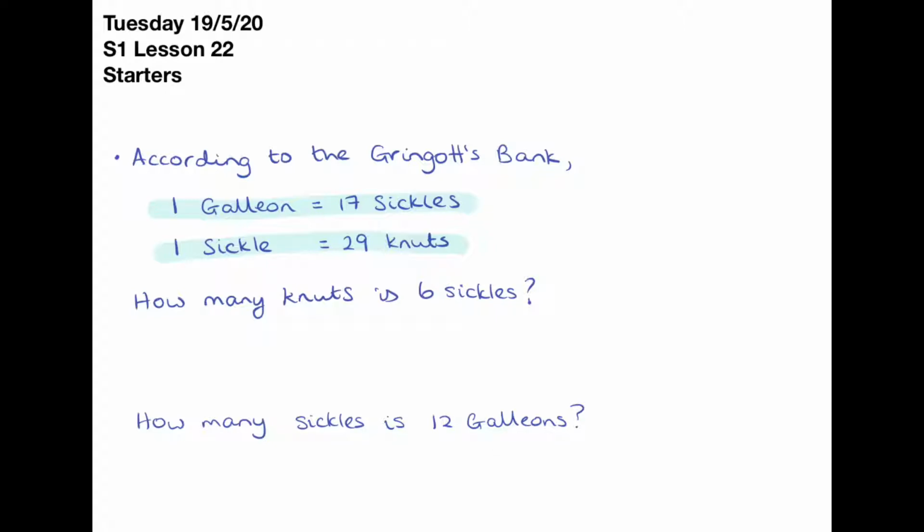Okay, so let's do this first one. How many nuts is 6 sickles? If we look here, we can see that 1 sickle is 29 nuts.